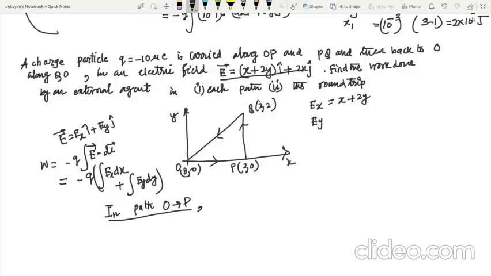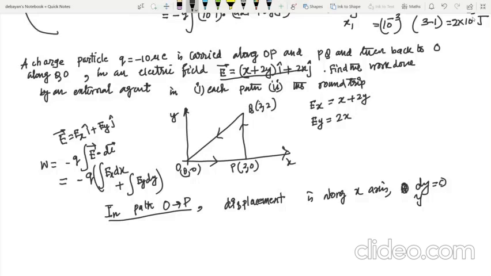So when we find the path for OP, the displacement is along the x-axis. If the displacement is along the x-axis, then dy is equal to 0, and in this case y is also 0.